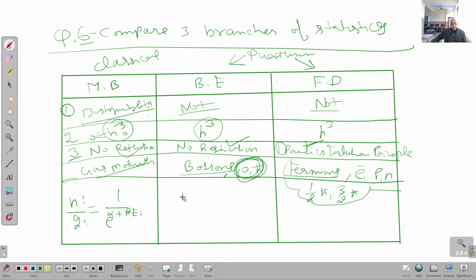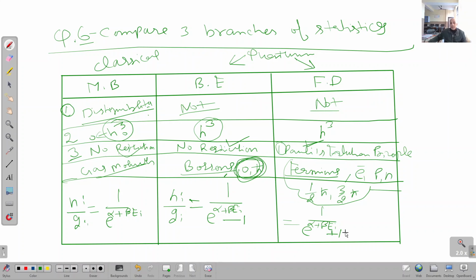But if I go to Bose-Einstein, then Ni upon Gi is equal to 1 upon e raised to power alpha plus beta Ei minus 1. Here it will come minus 1. In the Fermi-Dirac case, it will become 1 upon e raised to power alpha plus beta Ei plus 1. Clear? So this is the difference between all these three types of statistics.